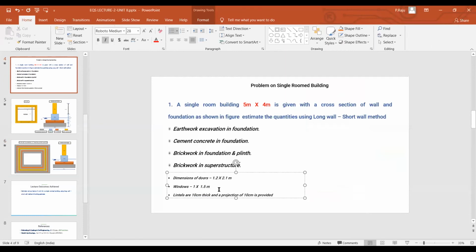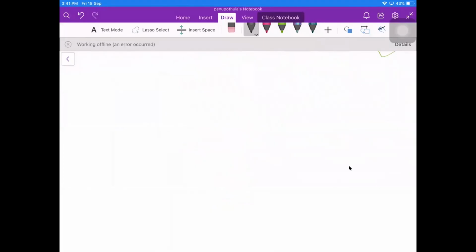We will consider the thickness of the wall as the thickness of the door and window. Only the length and height have been given, not the breadth of that particular door or window, so we need to take that into account. And also the lintels are 10 centimeters thick, and the projection outside is 10 centimeters. This I will solve in the pad. So the door is 1.2 by 2.1 meters.